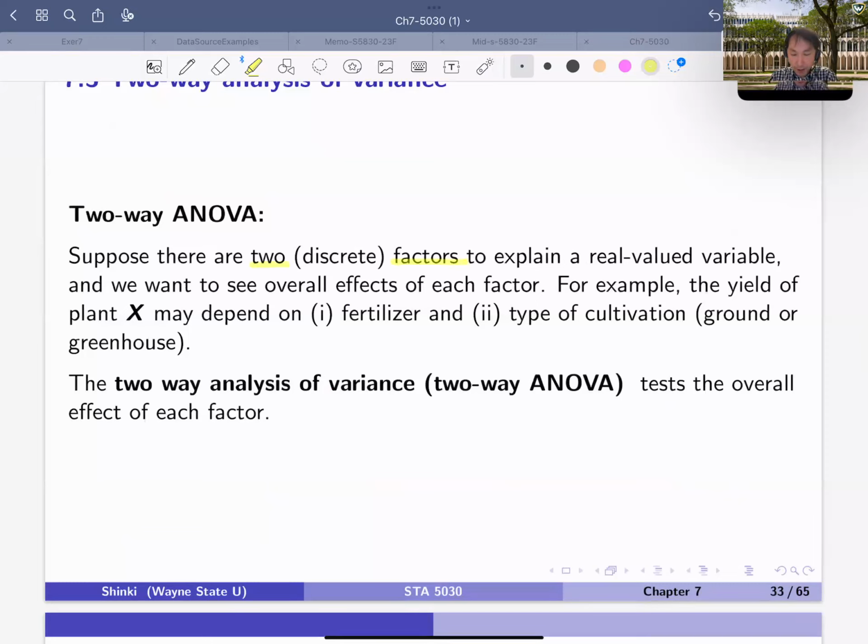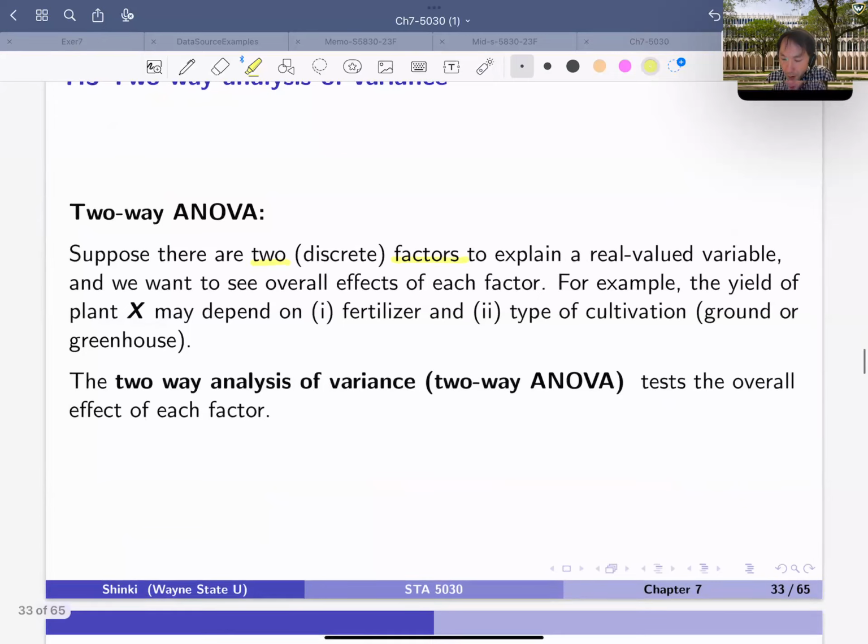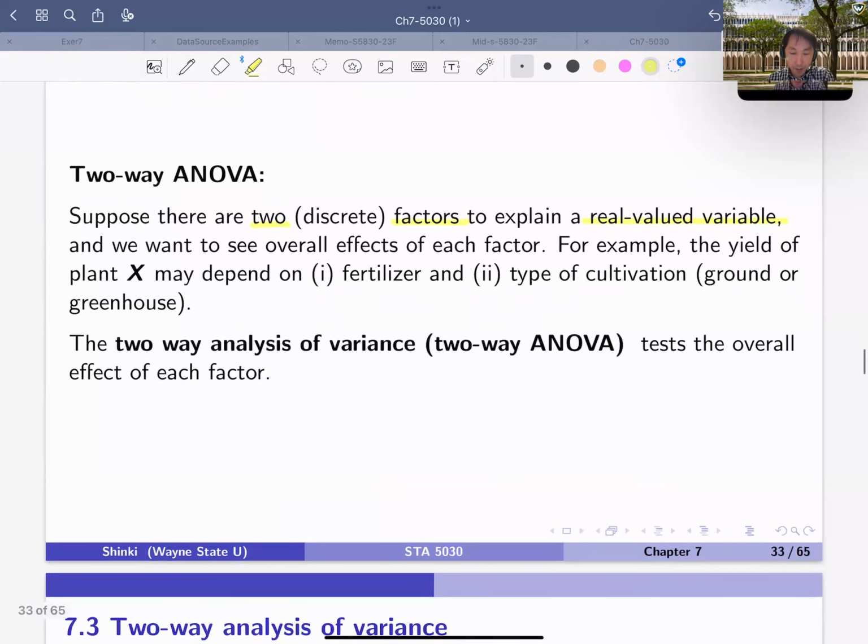For example, one factor may be blood type and another factor maybe gender, to explain, say, the average age of those people. The response variable is a real valued variable. So not only do we have multiple groups, but we have two factors. Maybe we have 4 blood types and 2 genders.